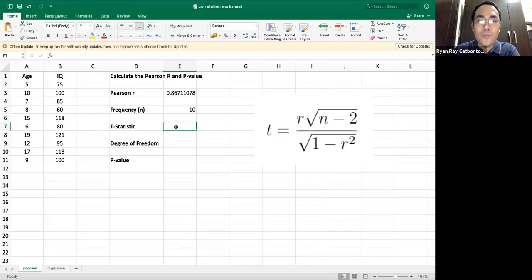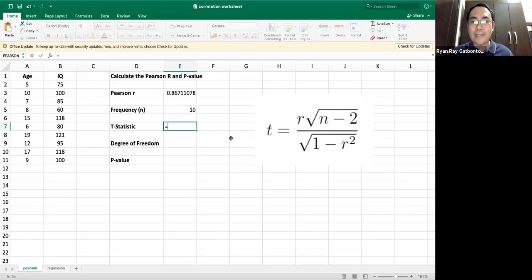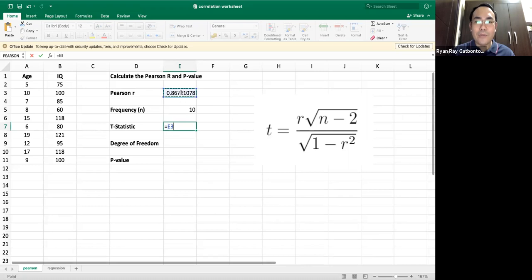The next step is to compute the t-statistic for your Pearson R. To do this, we refer to this formula. T is equal to R, which is your Pearson R value, times the square root of n minus 2, divided by the square root of 1 minus your Pearson R value squared. To type it in Microsoft Excel, we type the equal sign, then click the R value, multiplied, so you use the asterisk sign, by the square root.